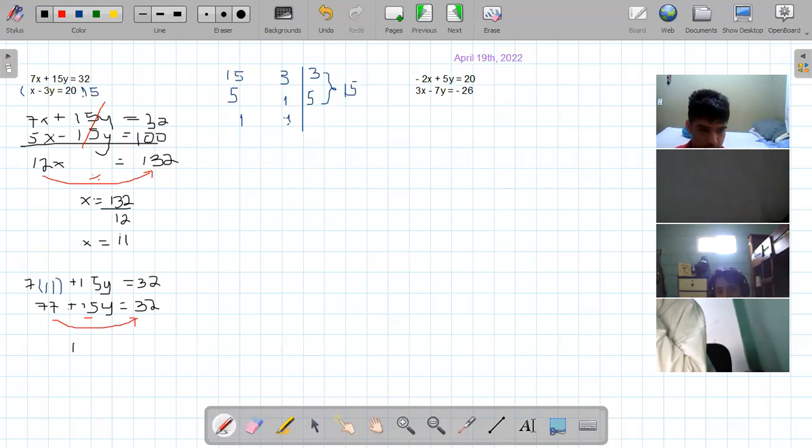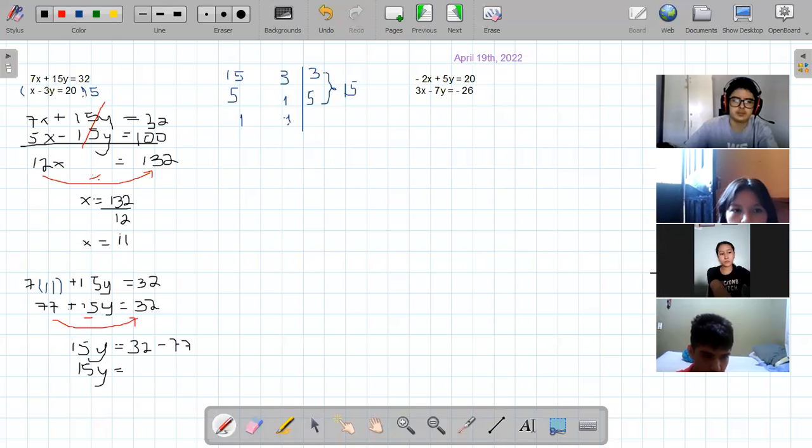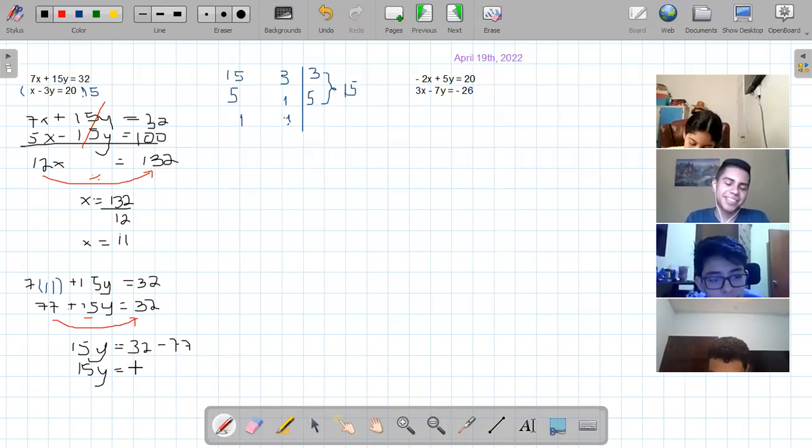So we got 15y is equal to 32 minus 77. How much is 32 minus 77? Negative 45. Watch the signs.